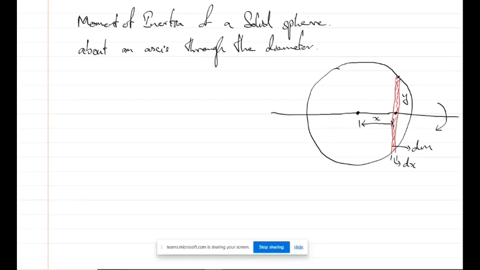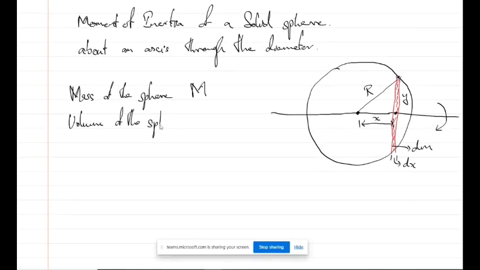From the figure, I can connect these two points, and that will be the radius of the sphere. Capital R is the radius of the sphere, and let's say the mass of the sphere is capital M. The volume of the sphere is 4 by 3 pi r cube, where r is the radius.